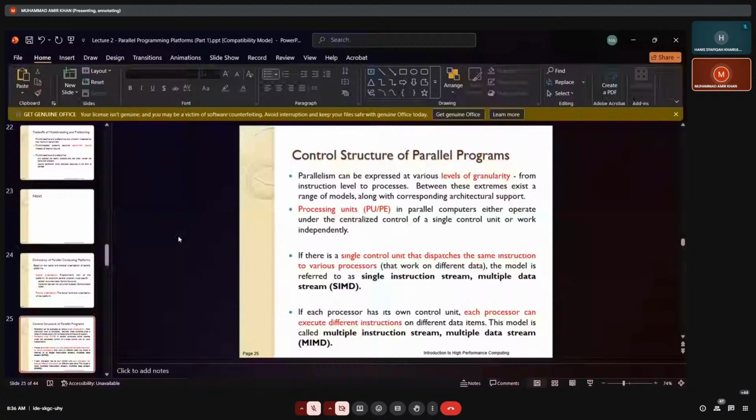On the other hand, if each processor has its own control unit, each processor can execute different instructions on different data items. The model is called multiple instruction stream, multiple data stream, MIMD. Just memorize that concept.